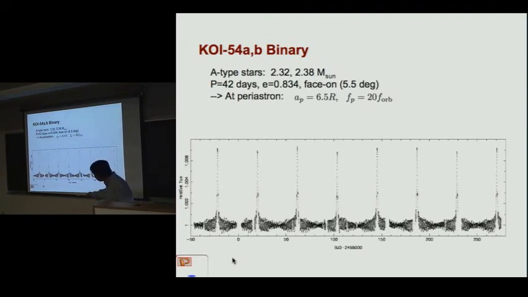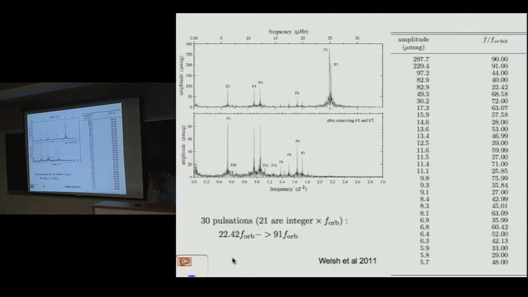If you do a Fourier transform of this light curve, you find many peaks, well-defined spikes. The Kepler team found 30 well-defined, high-significance pulsations. 21 of these are integer multiples of the mean orbital frequency. So you can list the frequency divided by orbital frequency, ranging from 22.4 to 91.